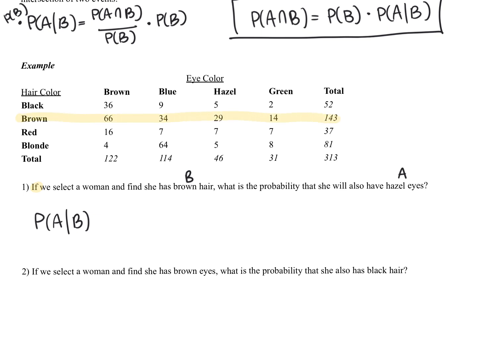So I'm only looking at that row. Now I want to know how many of them also have hazel eyes. So if I look, 29 of them. So that is going to be my A and B, 29 over just my total of brown hair, 143. And then 29 over 143 is approximately 0.20.